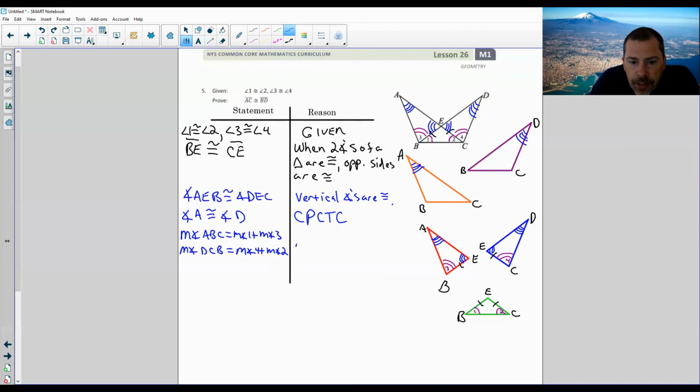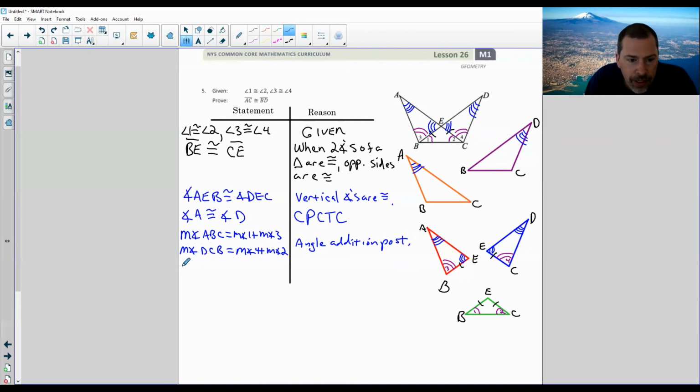Reason: angle addition postulate. In other words, if angle 1 is congruent to angle 2, which it is, and angle 3 is congruent to 4, then 1 plus 3 is congruent to 2 plus 4. So the measure of angle ABC is this, measure of angle DCB is this.